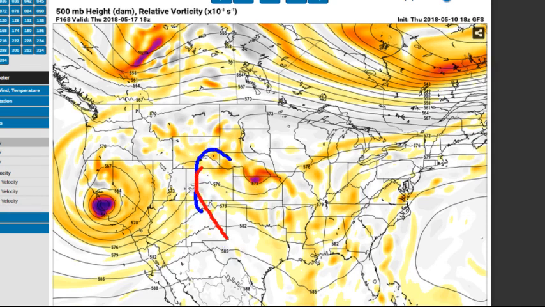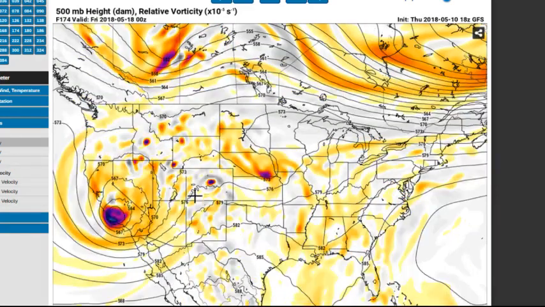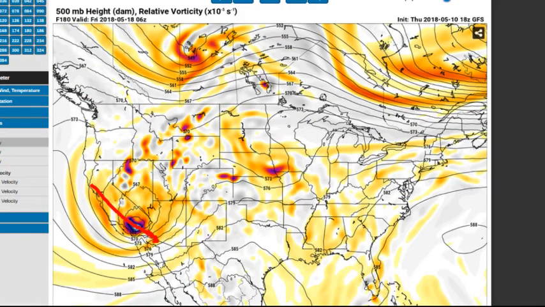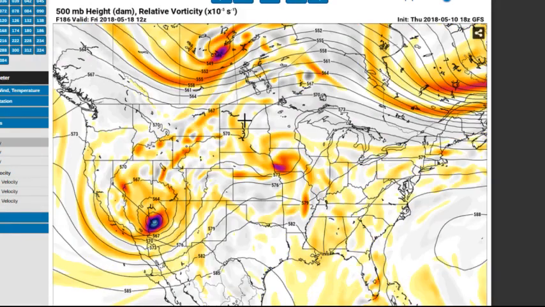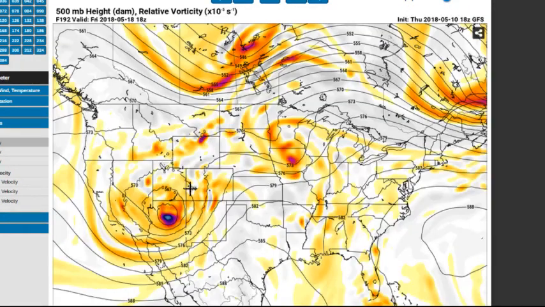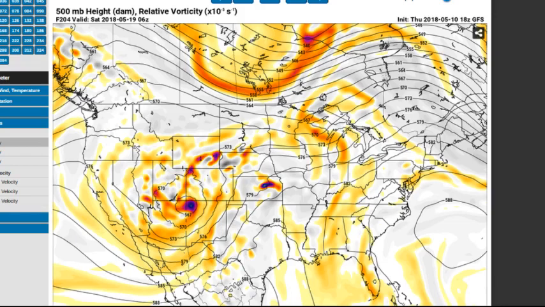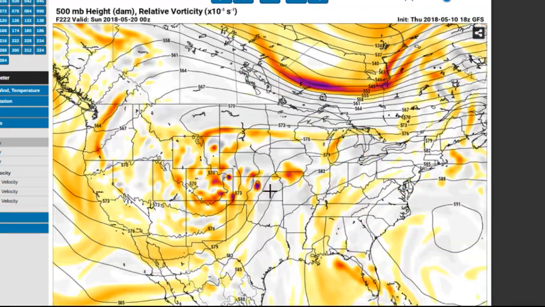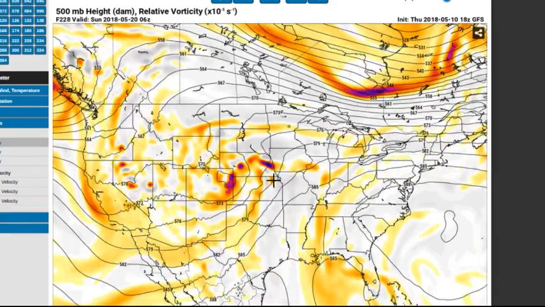And that other area that I drew right there, that's subsidence. Then we have this very compact cutoff low in the San Joaquin Valley for Thursday. That moves down the coast, and then into the Four Corners area for the weekend of the 18th, 19th, and 20th. So it appears we'll have a bit of a chase weekend possible in the high plains, and maybe coming out into the lower plains for Sunday and Monday.